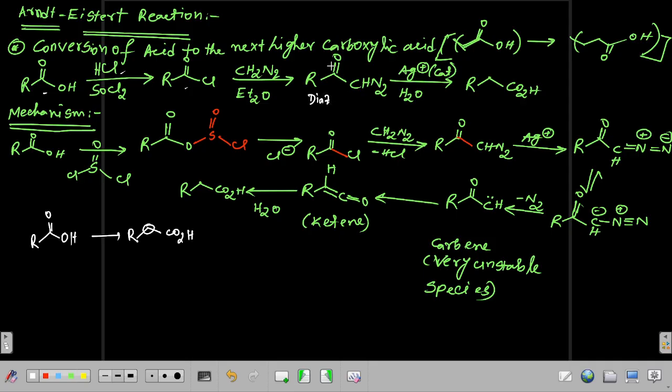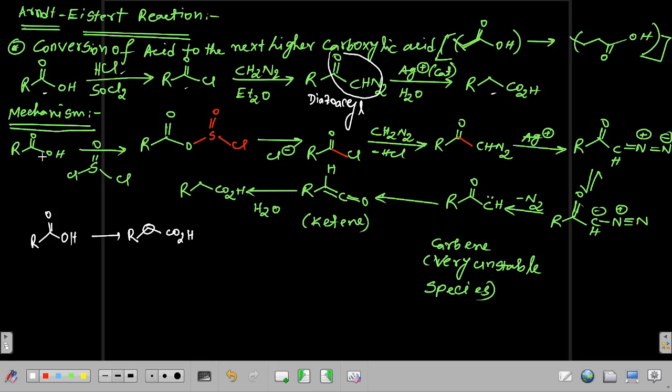This is a diazoacyl group, and this diazoacyl group undergoes a silver catalyzed reaction followed by a hydrolysis reaction to give the next higher carboxylic acid. Now we will go to the mechanism of this reaction.